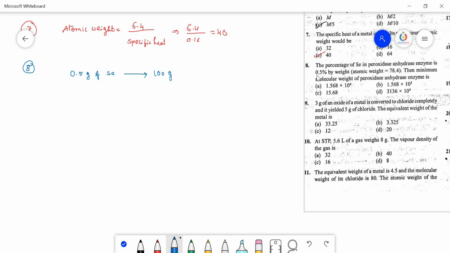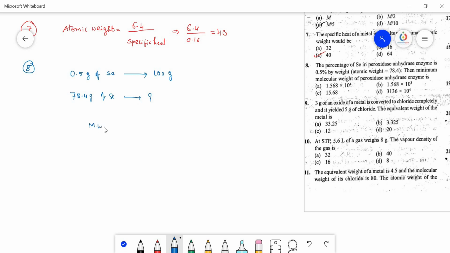If only one selenium atom is present in the enzyme, then its mass is how much? 78.4 grams of selenium may be present in how much mass of the compound? So here you will get the molecular mass of the compound.